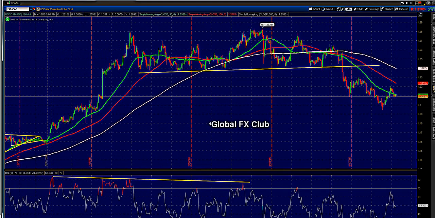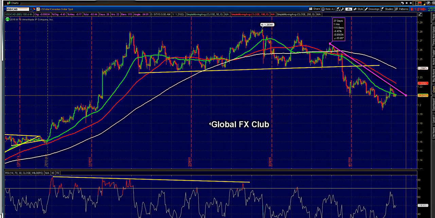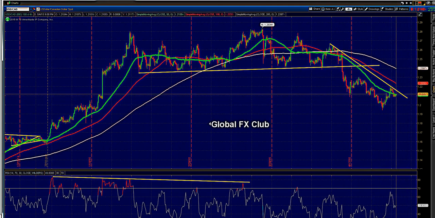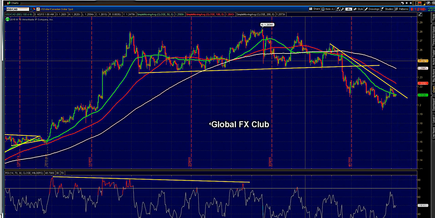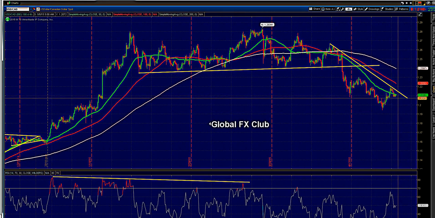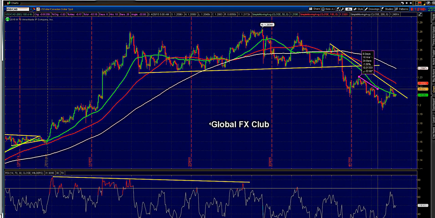We're pretty choppy right now, but the big notion is that we have some resistance on the trend line. The 50 period is not too far away, but similar to the dollar index, we look for a slight pullback and then look for the dollar CAD to resume higher.